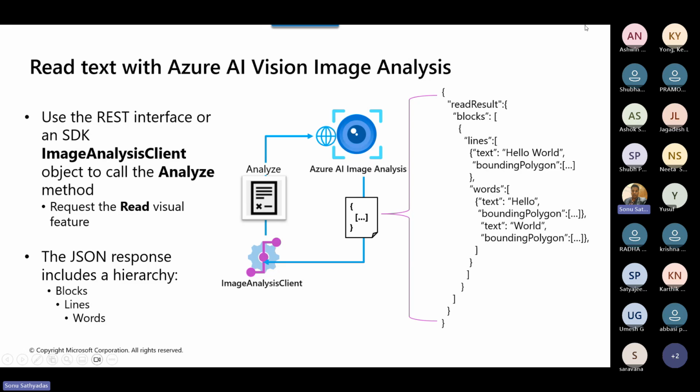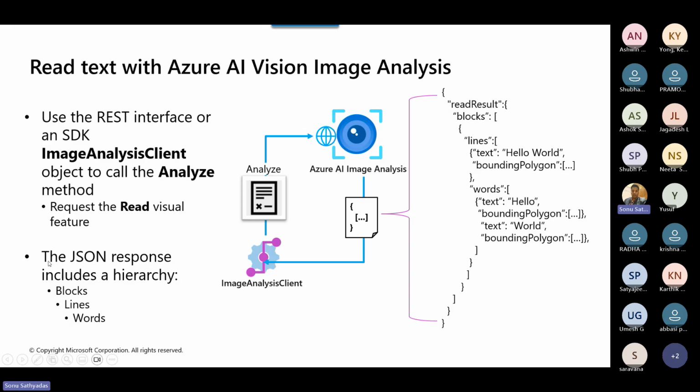So in that case, you have to specify the visual feature as read. Whenever you make a request, you have to explicitly specify which feature to include. There are different features like caption generation, cropping images, or tag generation, but you have to explicitly specify read as a visual feature. Then only it reads the text from the image.